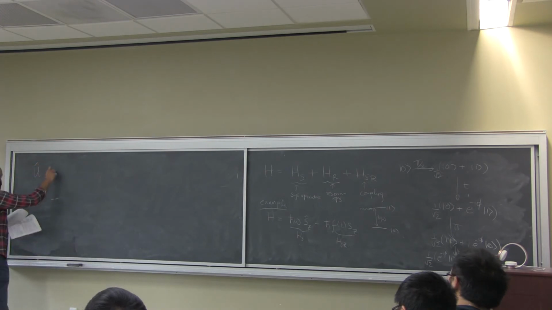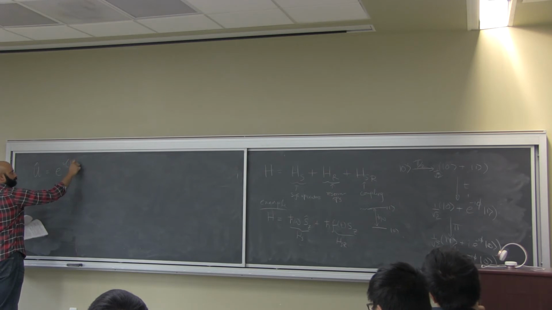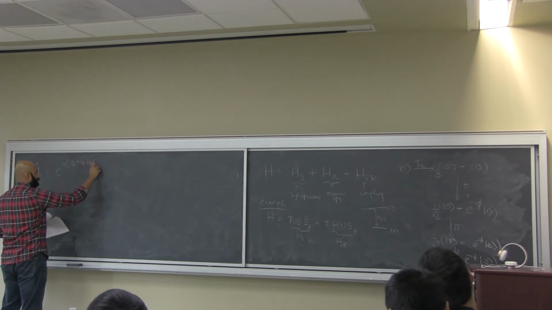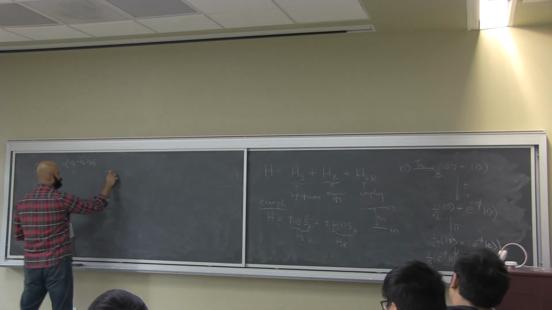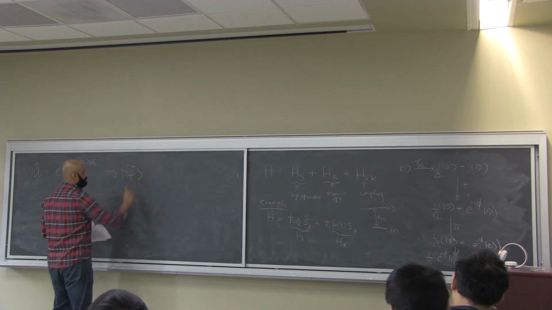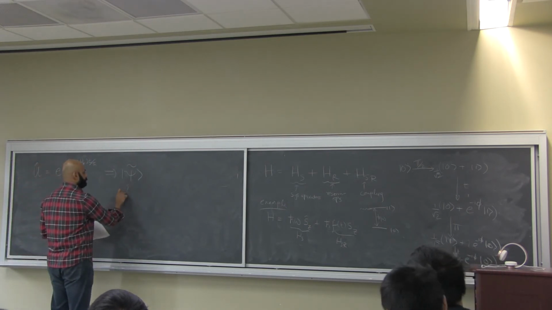So let's get rid of those evolutions by applying the unitary operator U, the exponential of (HR plus HS) times t divided by h bar, which will give me a new state vector, which I denote by psi tilde. Okay, this is in the interaction picture.